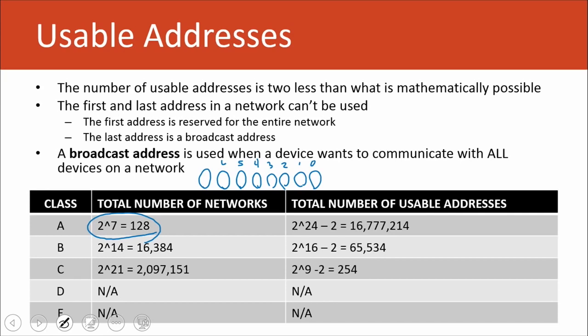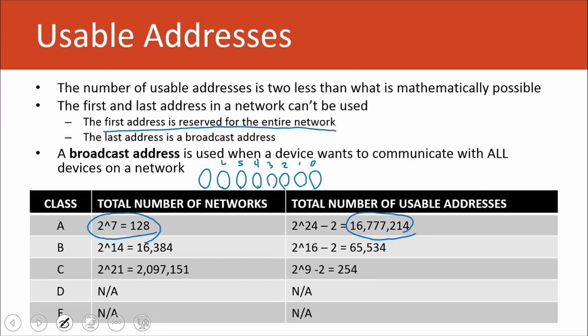So going back to what we were saying, the total number of available network addresses is 128 in a Class A network. The total number of usable host addresses, however, is 16,777,214. There are actually 2 more addresses that are available, but they're not usable because the first address is reserved for the entire network.